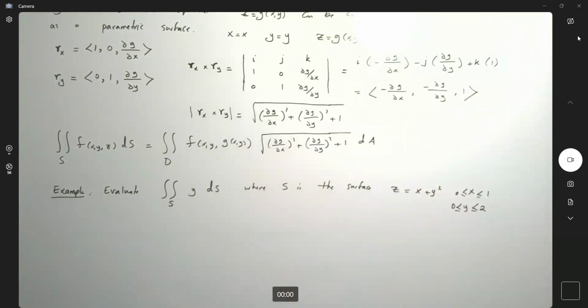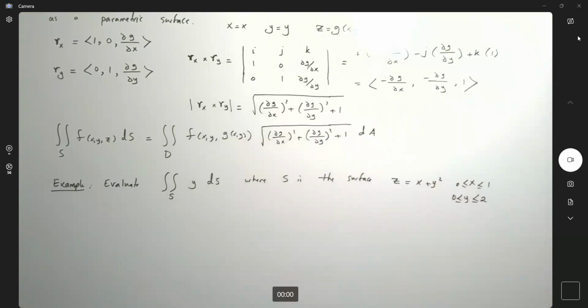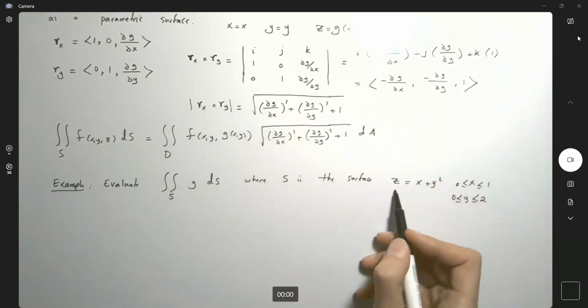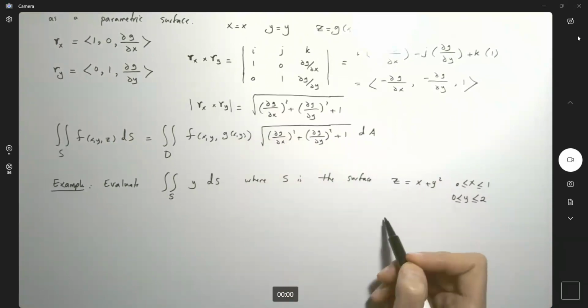Okay, perfect. Very good. So as you can see, z is a function of x and y.